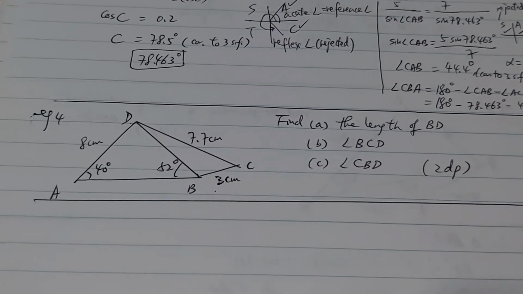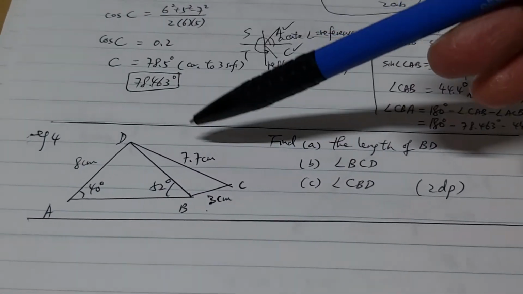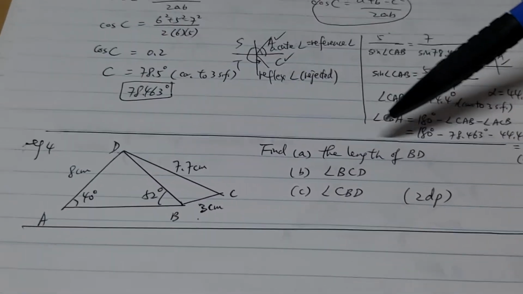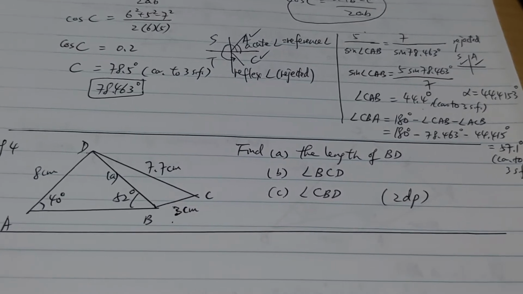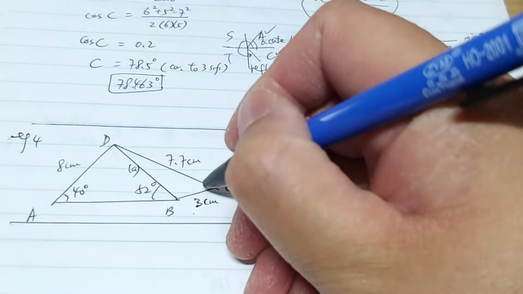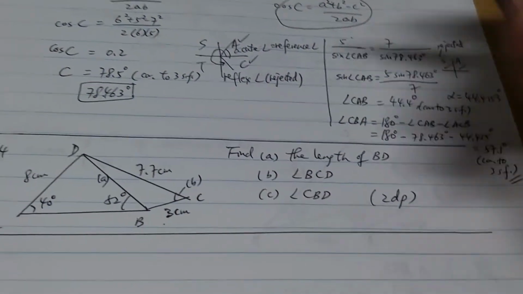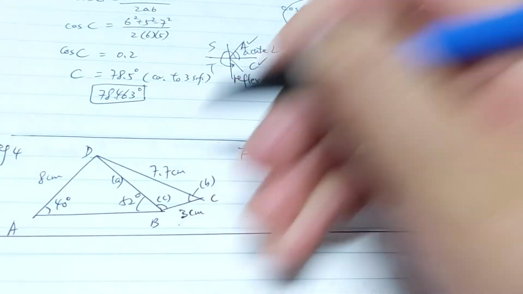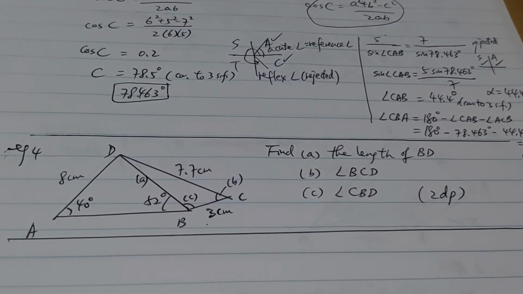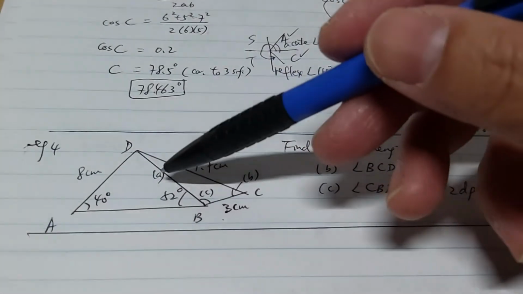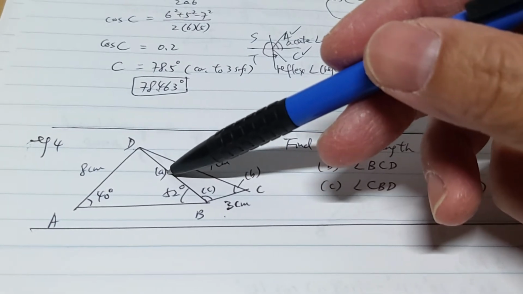Okay, here is the fourth example. So, in this figure, find the length of BD. Find the angle BCD. Find the angle CBD. So, part A, which method will you use to find this side?